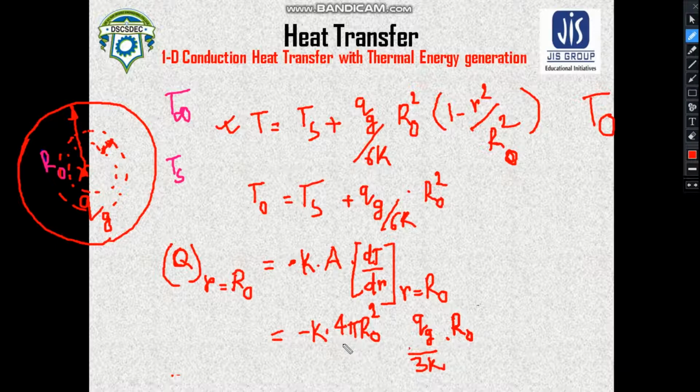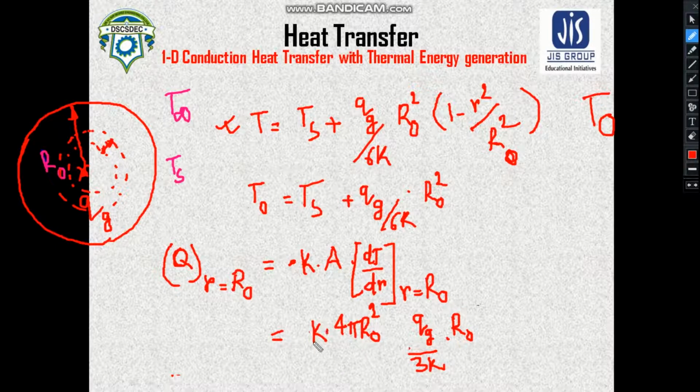I'm very sorry, there will be a minus sign here, so that this too is minus, and ultimately the effect would be positive. The derivative of this part would give you a minus qg by 3k into r. I had missed it in the earlier stage, but I think now you can understand what I'm trying to say.